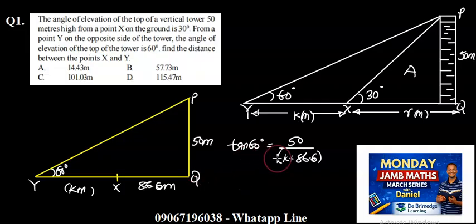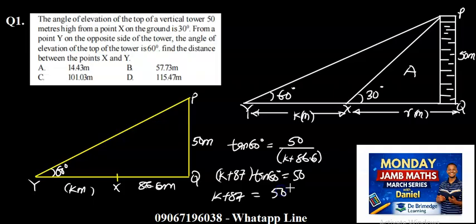If I cross multiply, I'm going to have K plus 87, approximating 86.6 to 87, times tan 60 degrees equals 50. So what we need is to make K plus 87 equal to 50 divided by tan 60 degrees.